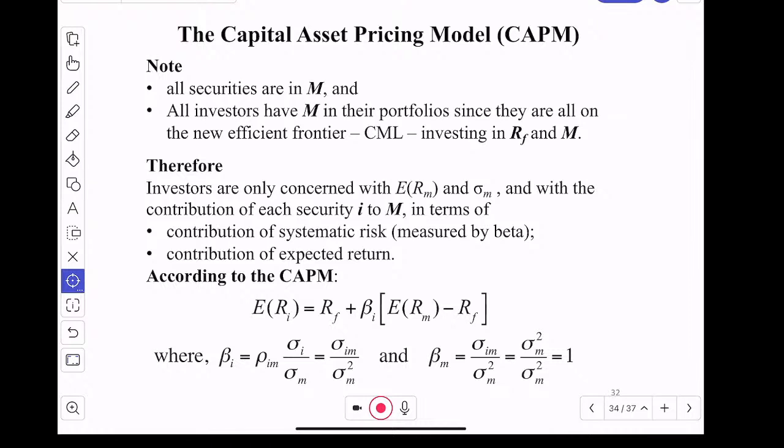So this comes from identifying that all investors will invest in the risk-free T-bill.